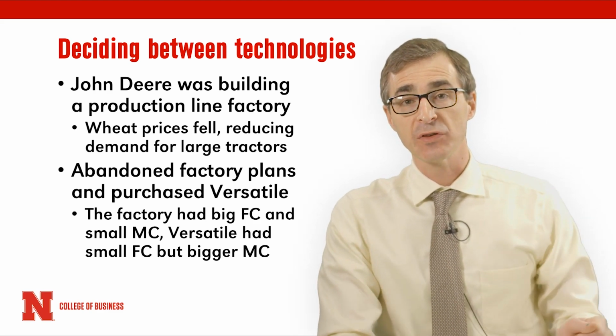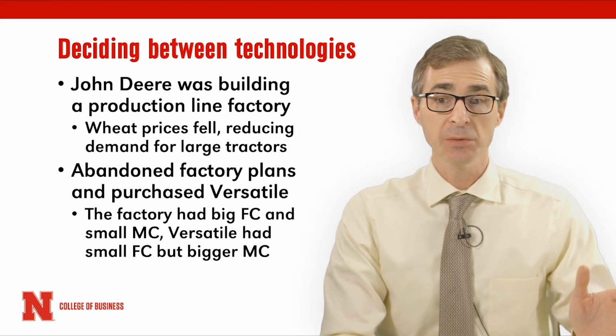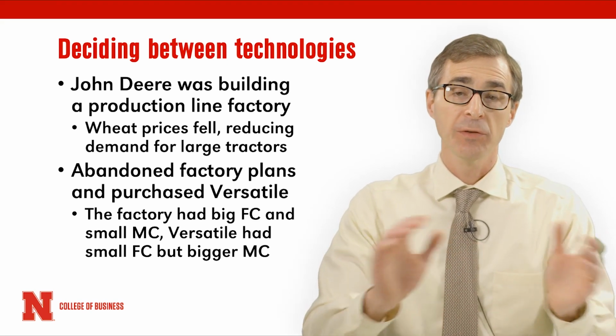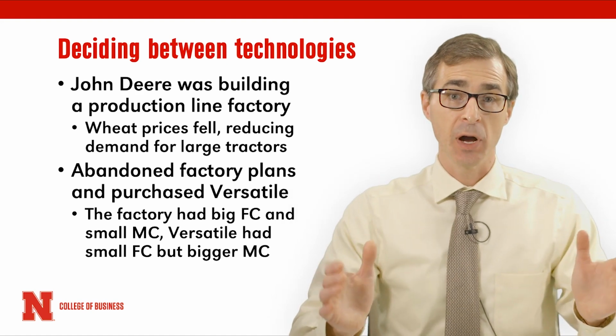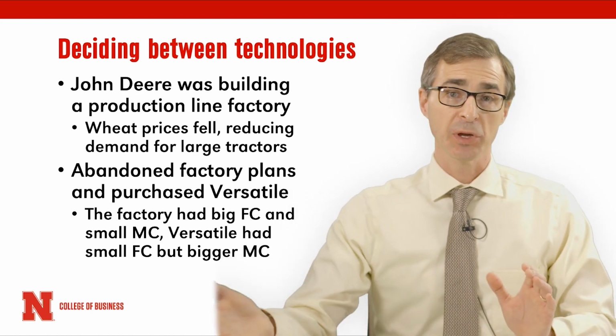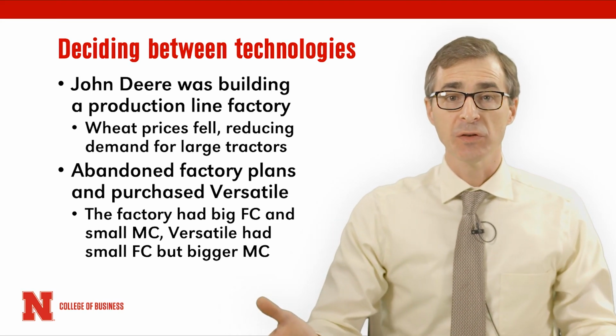Now, this was a discrete investment decision. The factory that Deere had originally contemplated had large fixed costs and smaller marginal costs. Versatile had smaller fixed costs, a smaller scope of operation, but larger marginal costs because they were using off-the-shelf products. Now, was this a good decision or not?